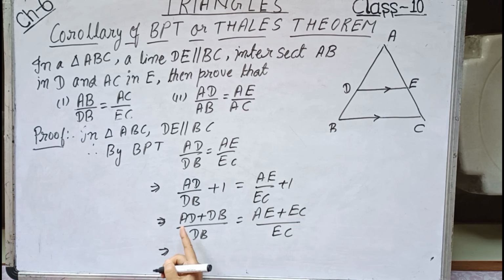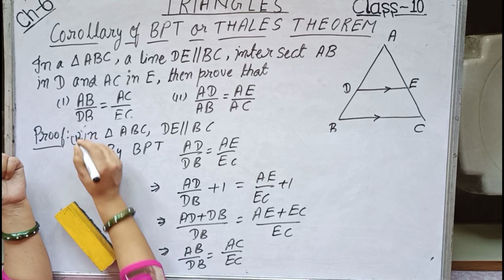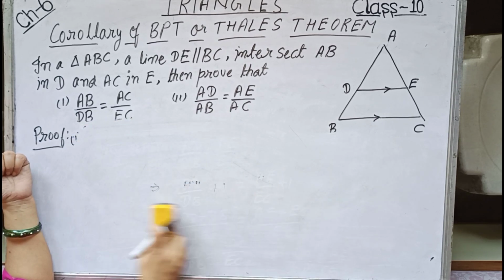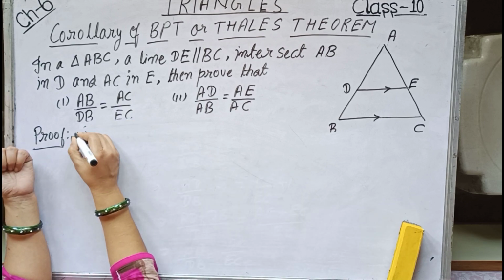This implies AD plus DB is AB, so AB by DB equals AC by EC. So the first part is proved. Let us write it as number 1. Now let us move to the second part, number 2.